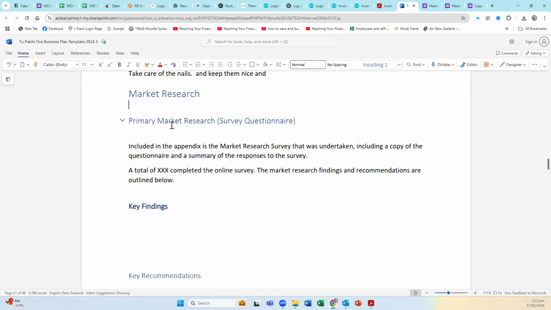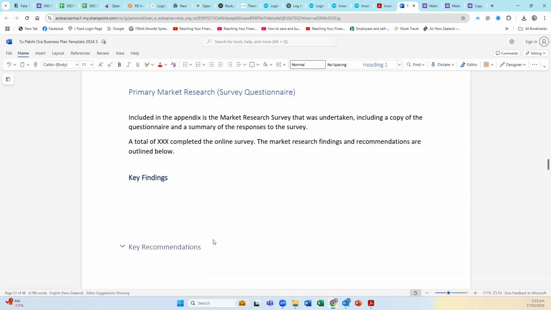Now, when we're talking about primary market research, we're talking about the questionnaire, which is the questionnaire you've asked people to do, and you've got 12 responses so far. So what we just need to do is complete the information in this business plan based on the market research that you've completed.